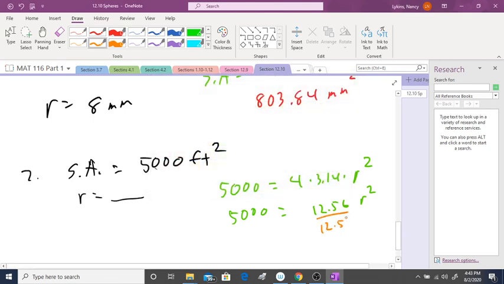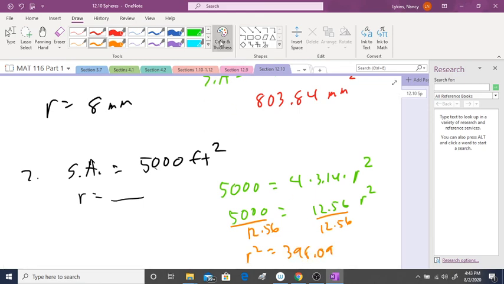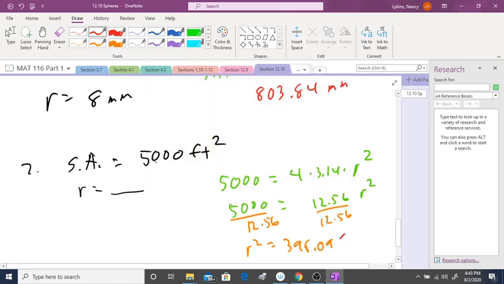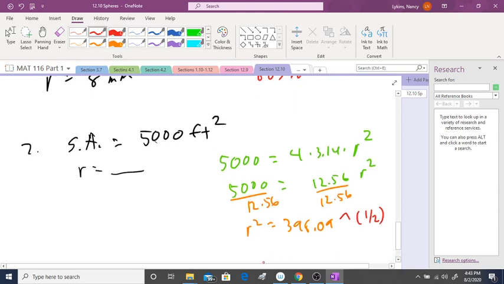Divide by 12.56 on both sides. Radius squared will become now 398.09. And then you can take the square root of that or just raise it to the 1/2. You get the radius to be 19.95 feet.